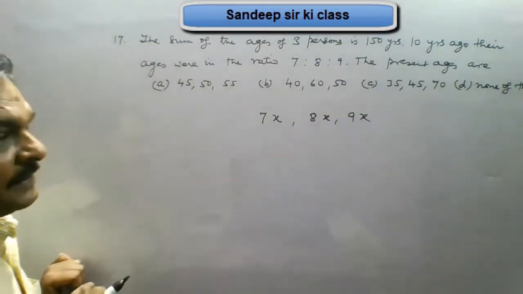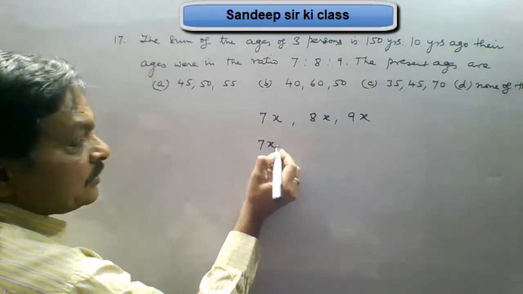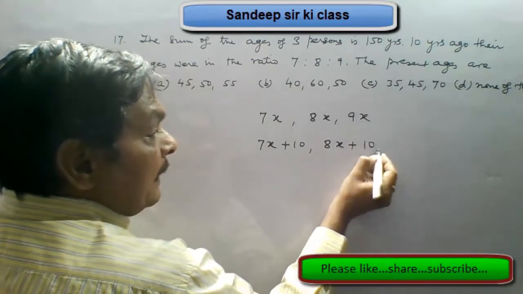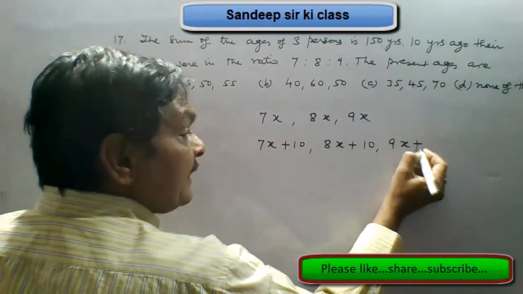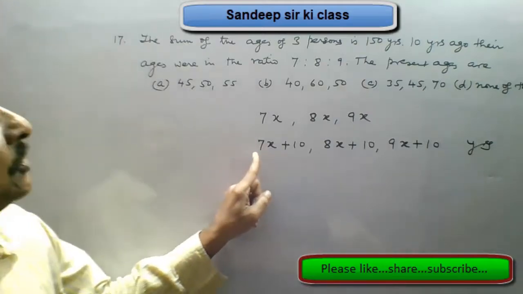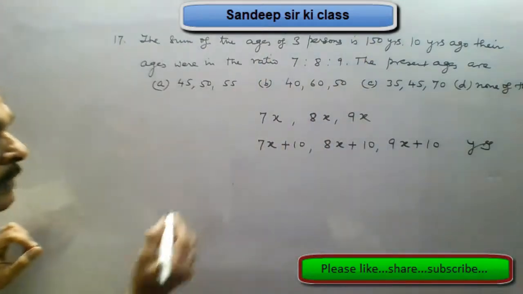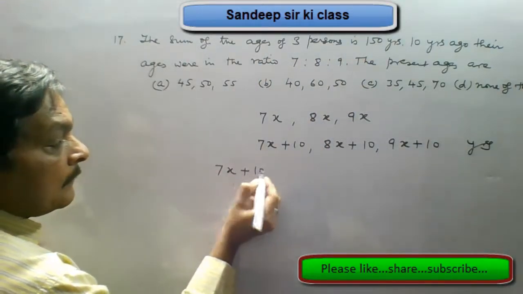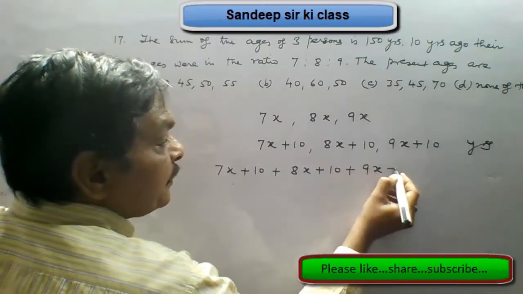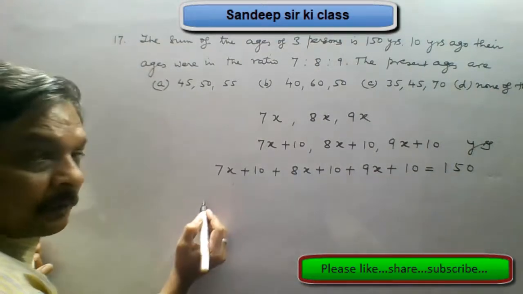So the present age of the first person will be 7x plus 10, the second person 8x plus 10, and the third person 9x plus 10 years. Now as per the question, the sum of these three is 150. So 7x plus 10 plus 8x plus 10 plus 9x plus 10 is equal to 150. Find the value of x from this equation.